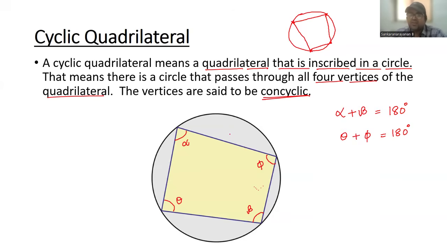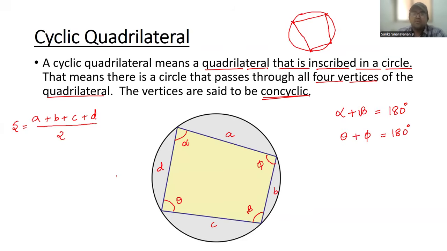I'm considering the length of this segment is A. The length of the segment, let me say it is B. The length of the segment is C. The length of the segment is D. The sides I am saying. So the semi-perimeter of the cyclic quadrilateral will be A plus B plus C plus D whole divided by 2. That's the semi-perimeter.